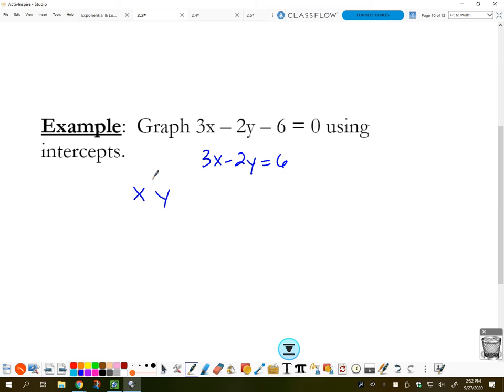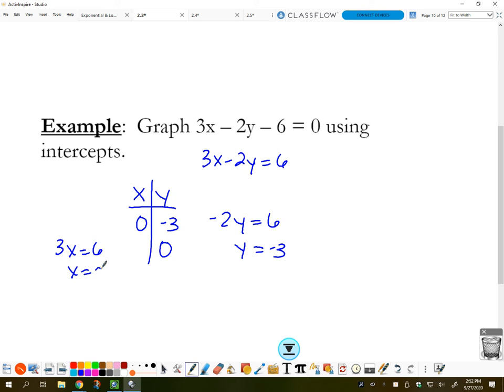The way that I teach this in Algebra 1 is we make a little 0 chart. So if x is 0, that means you're left with -2y equals 6, so y would be -3. So we have a y-intercept at -3. If y is 0, then you're left with 3x equals 6. So x equals 2, so that's our x-intercept.